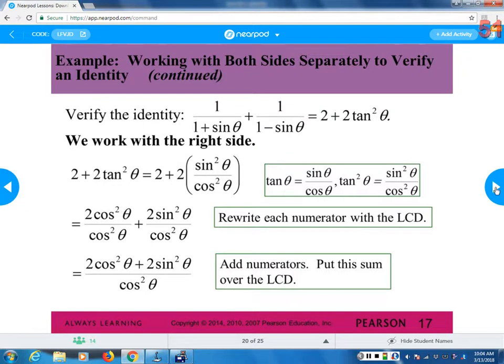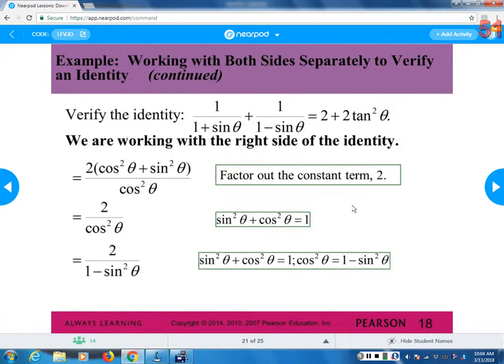So they made it more complicated. It still works. You factor the 2 out, and this is 1, so you get 2 over cosine squared. So you get your choice. There's no one right answer on these things. See, they were making it look like this. I found it was easier to make it look like 2 over cosine squared.